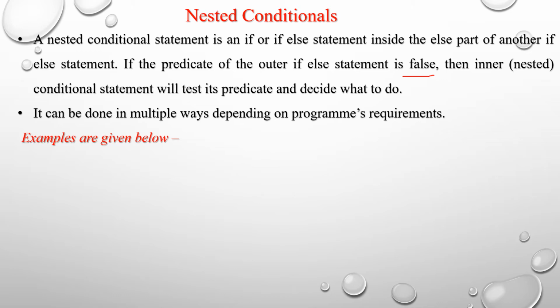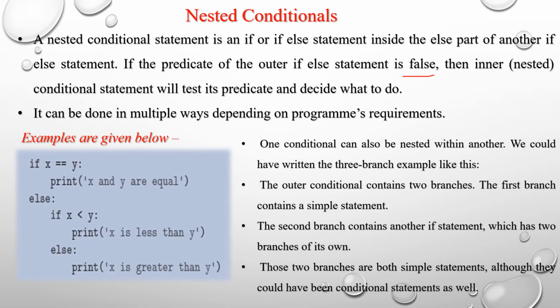Let's consider one example. Here we declare one condition: if x double equal y. So here we compare x with y, and double equals is the Python operator. It compares the two values.